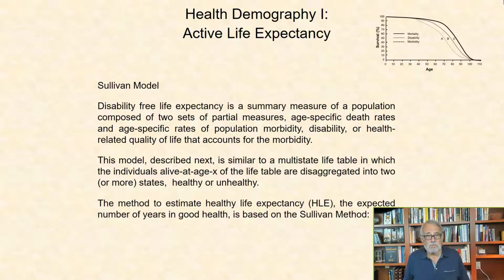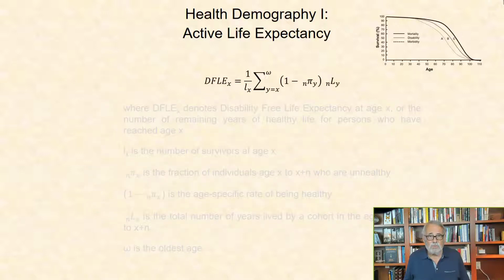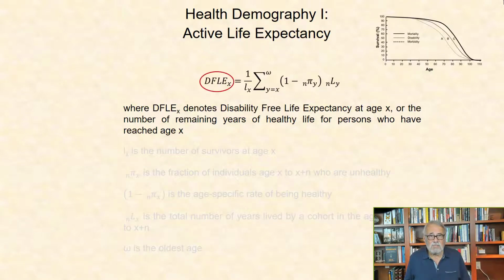The method to estimate healthy life expectancy, HLE, the expected number of years in good health, is based on the Sullivan model, where DLE_x denotes disability-free life expectancy at age x, or the number of remaining years of healthy life for persons who have reached age x.